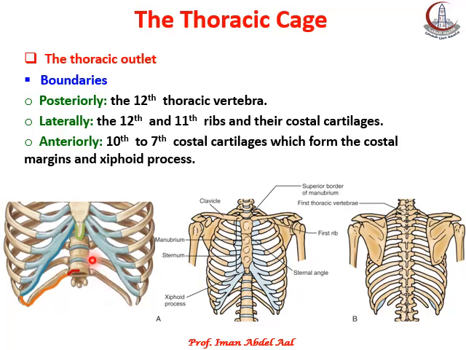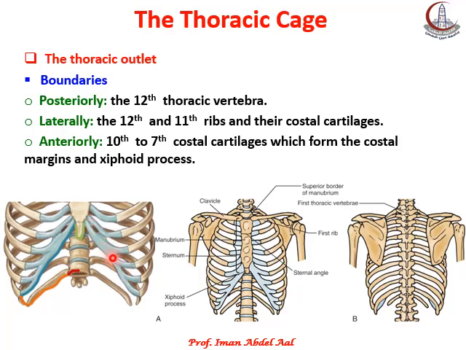So our boundaries: posteriorly it is formed by thoracic vertebra number 12. Anteriorly it is formed by the costal cartilages of the ribs from 10 till 7 and by the xiphoid process. The costal cartilages of ribs 10, 9, 8, 7 form what is called the costal margin.